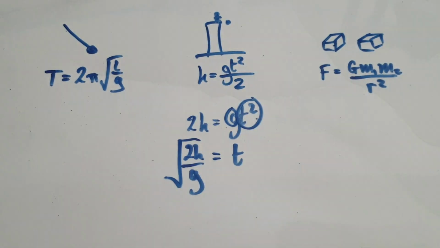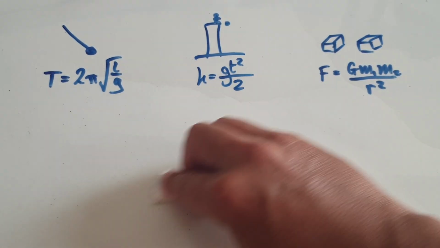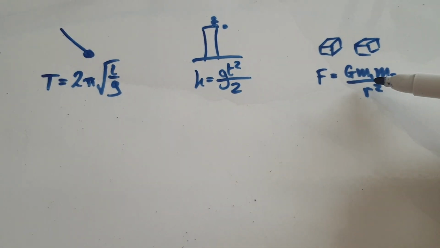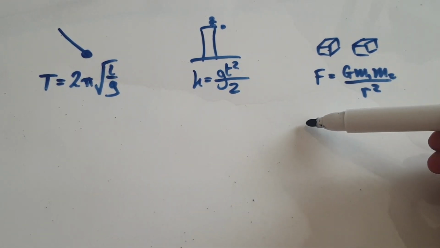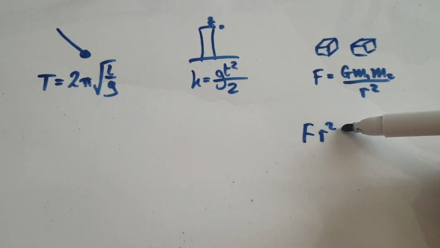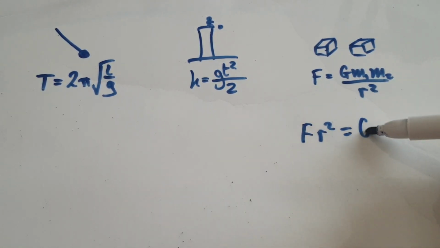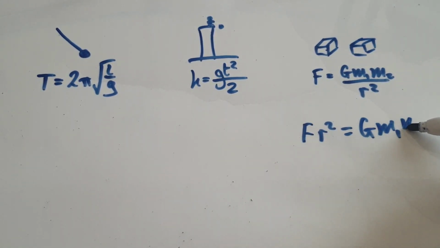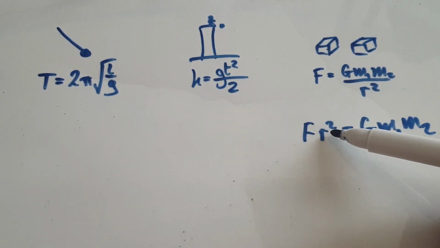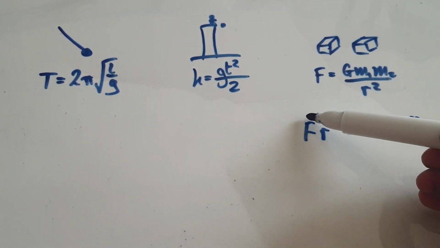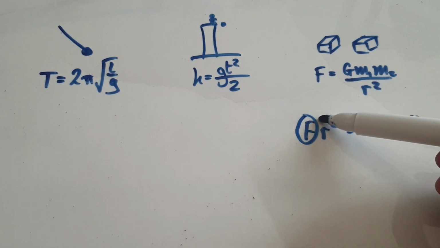So for this one, let's make r the subject. To make r the subject, times both sides by r squared. So r squared equals G m1 m2. You want to make r the subject. Keep an eye on r. Here you've got one bubble multiplying another bubble.